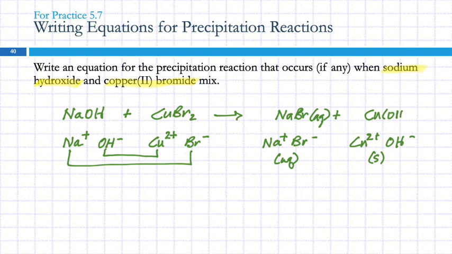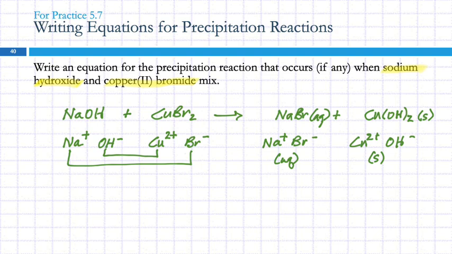So I'm going to put parentheses around them and put a 2 on the outside, and I'm going to mark that as a solid. So making the compound formula from those ions, that is something that was in Chapter 3, which is on the exam today. So if you have any questions about that stuff, it would be good to ask.